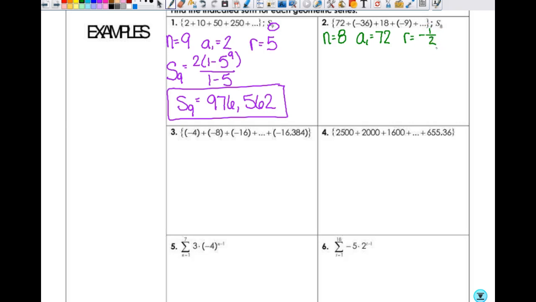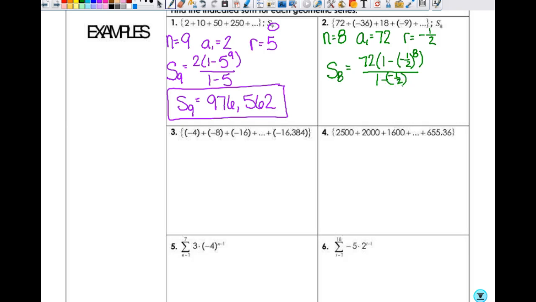Okay, so it's always about what you're multiplying by. Multiplying by a negative 1/2. All right, there are your pieces, so we put it in here. S of 8 equals a sub 1, which is 72, times 1 minus r, which is a negative 1/2 to the 8th power, all over 1 minus a negative 1/2.